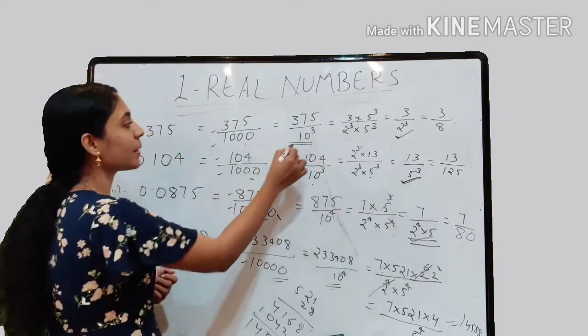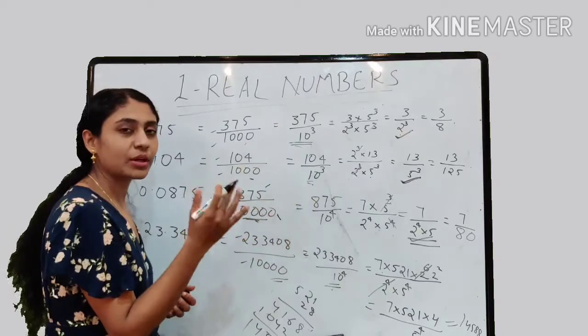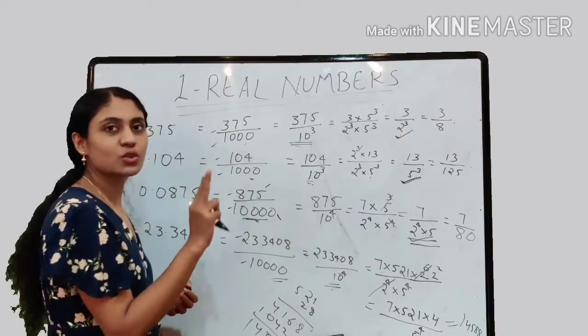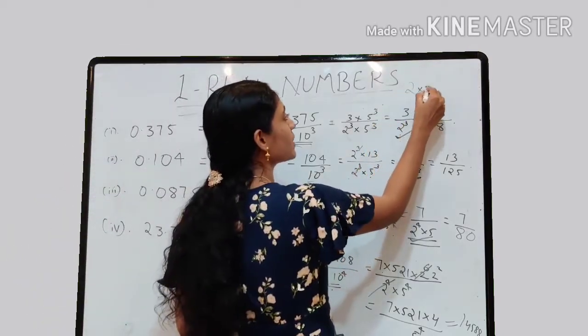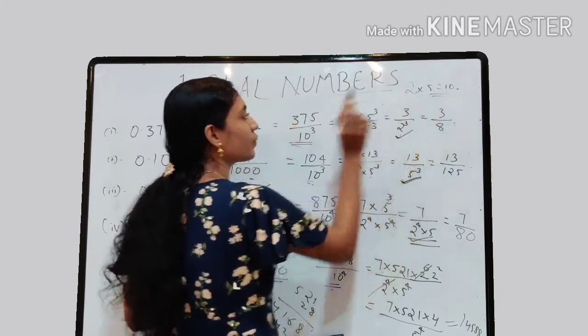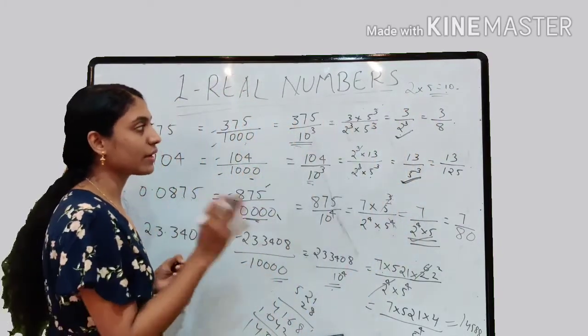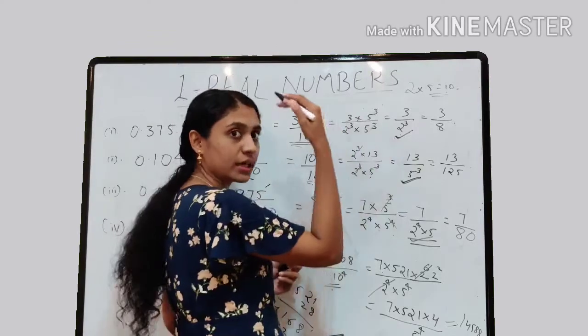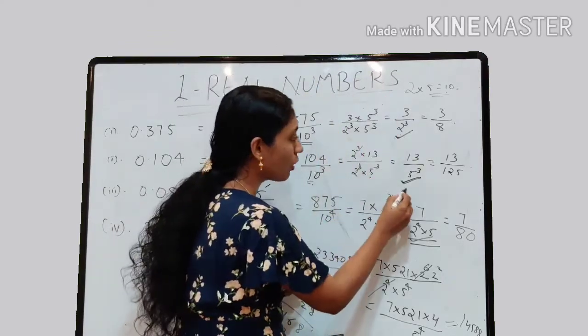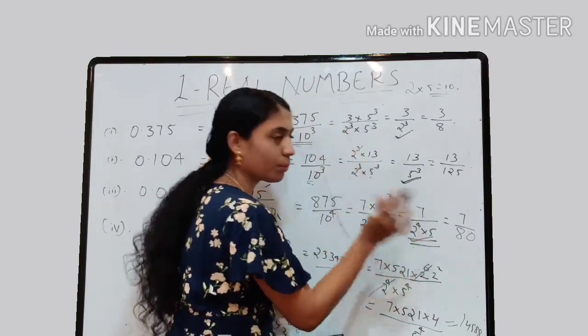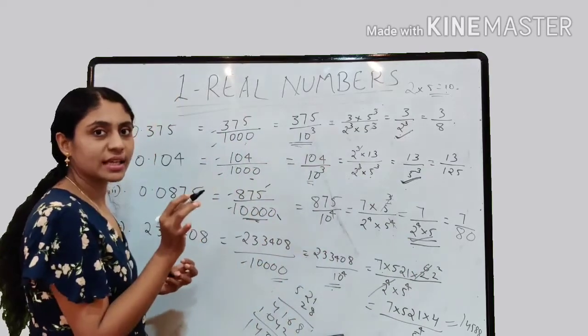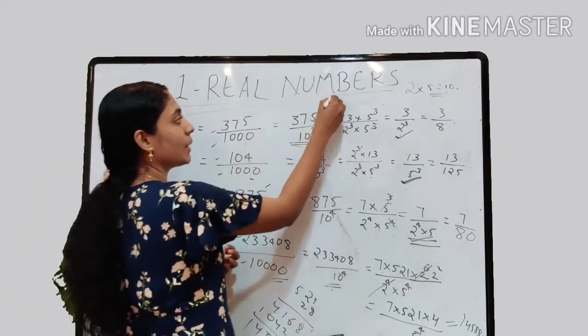Why? Because the prime factors of 10 are only 2 and 5, because 2 into 5 is 10, right? So the prime factors of 10 are only 2 and 5. So we can write either in the form of powers of 2 or in the form of powers of 5 or both. So in general we can say that we are writing in the P by Q form, right?